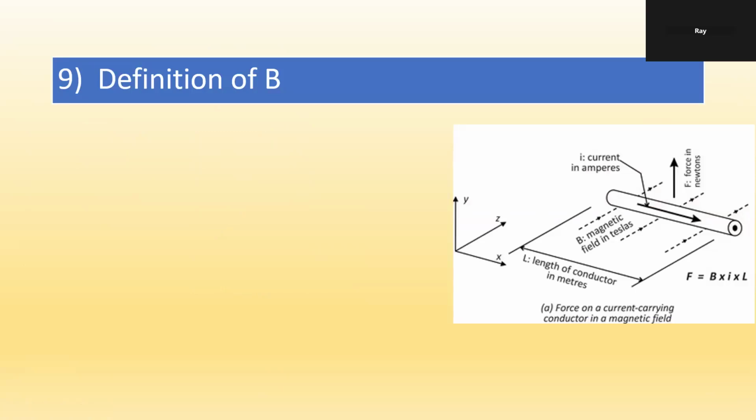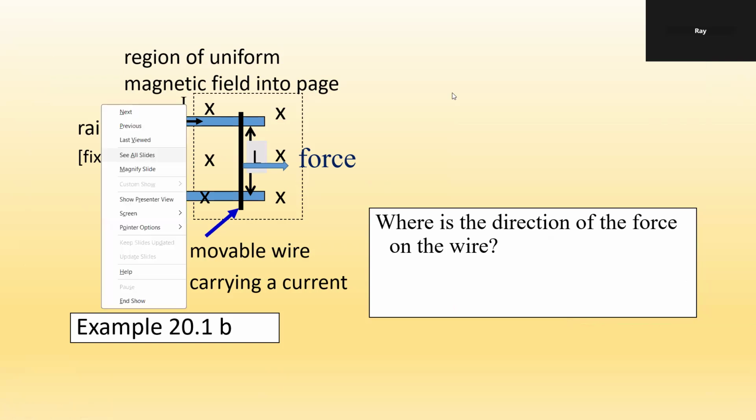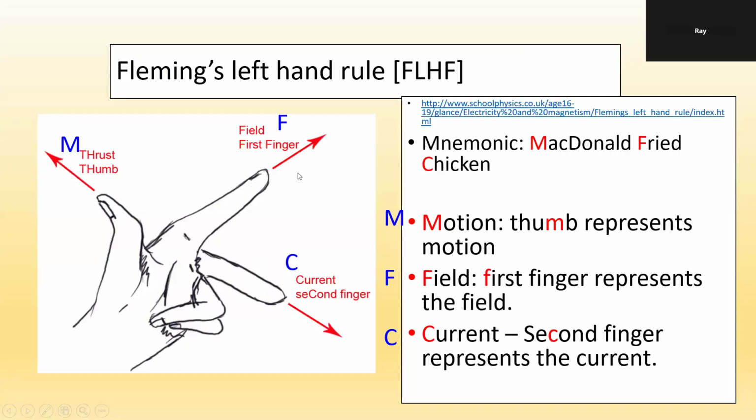The first finger is the force, the second finger is the current. The thumb is the force or motion.